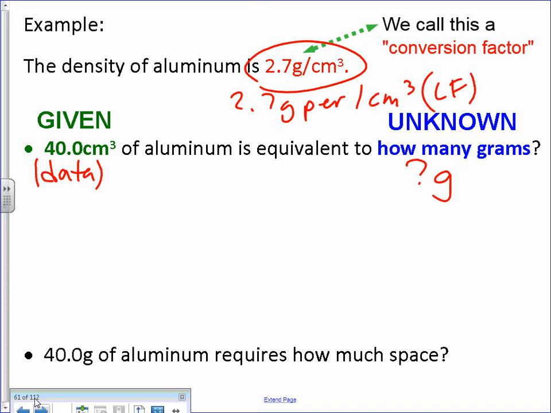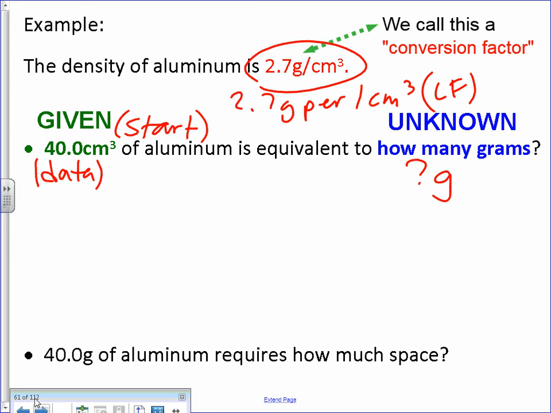The starting point is my given. The question, and I write down the question mark with the grams because I don't want to have to reread how many grams. I want to see that I'm looking for the unit of grams at the end. And I look for the conversion factor. So every time you do a problem like this, you always want to start with your given and convert.